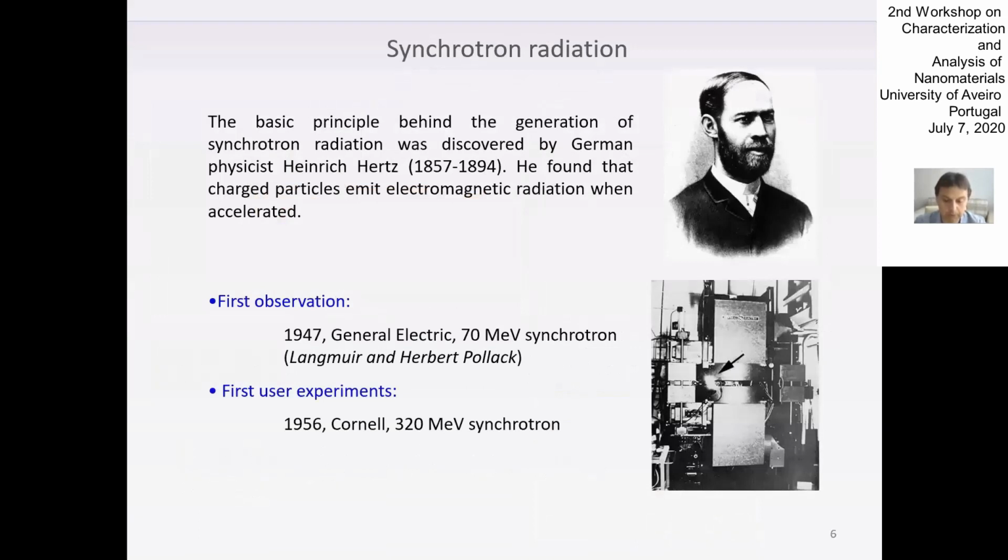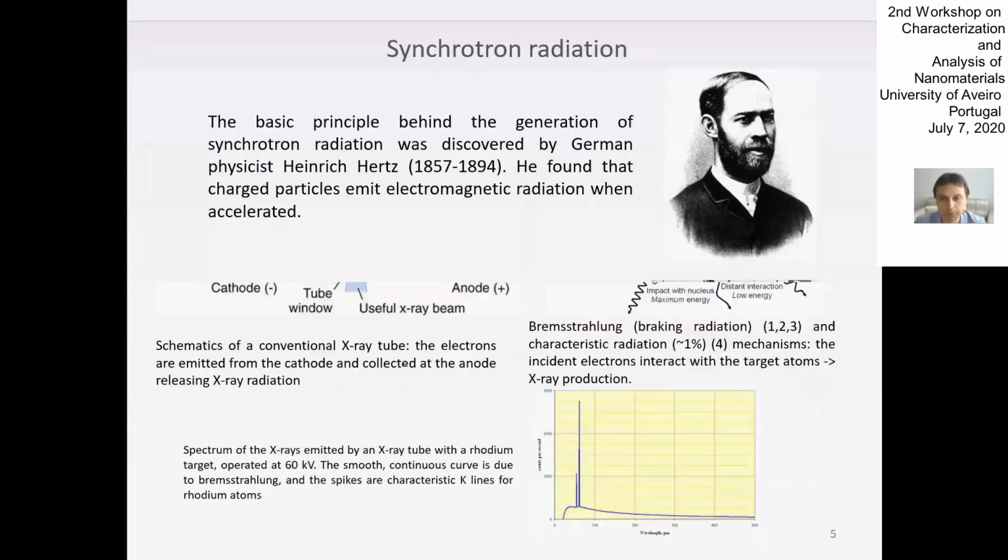But we can also produce X-rays in a synchrotron. The first time people observed some glowing in the synchrotron was quite a long time ago, in 1947, with the first synchrotron, and this emission was considered, and really is, a parasitic effect.